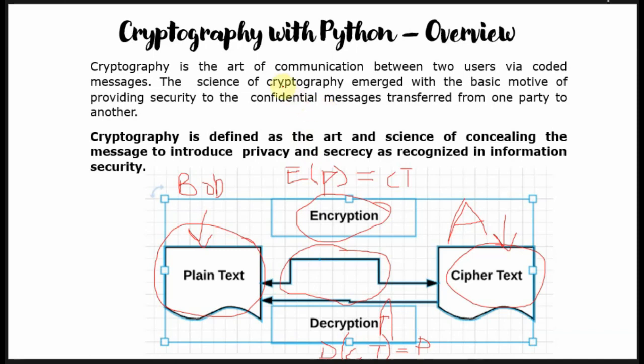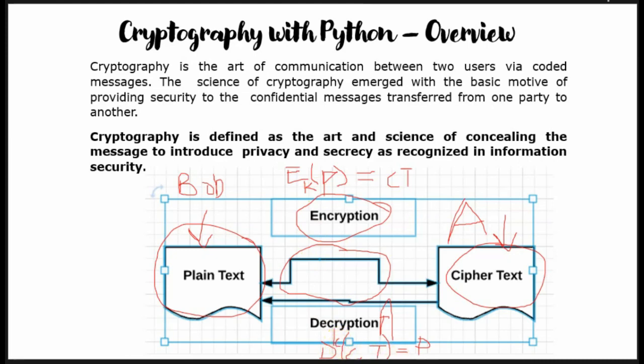Usually we indicate the key as a subscript, so that E of P works along with a key, and that key converts the P into a CT, and when you are getting it back again, you need a key. It's usually a subscript, but I'm going to write it here for want of space.